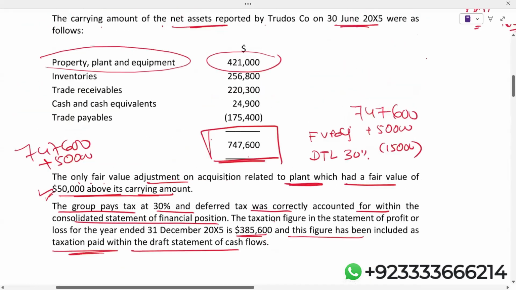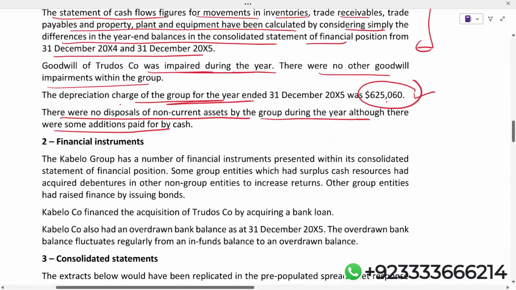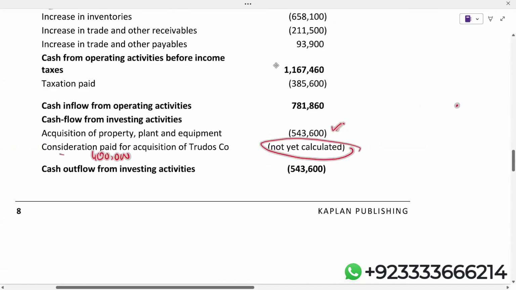Subsidiary's cash is 24,900. Logically, can I say in your investing activities, your outflow will be 400,000, which the parent has paid, minus 24,900. Students, I'm getting 3,75,100.